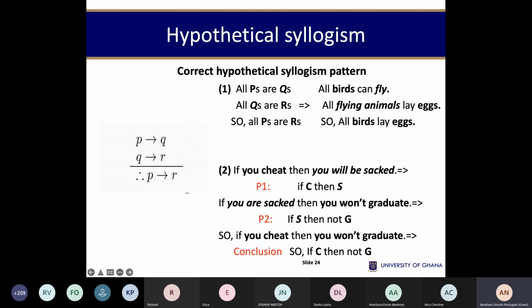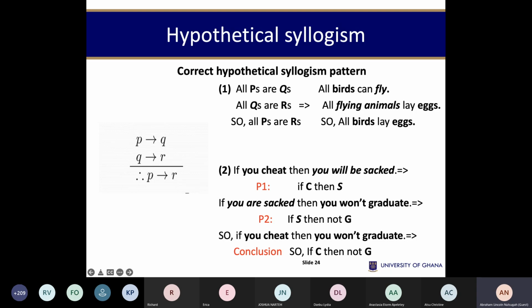So I was saying that I'll put a past question on the page. Then I want you to pay attention. For instance, if you look at the hypothetical syllogism on your screens, we can put a question like: all P's are Q's, all Q's are R's. Then ask you to determine the conclusion, and write the type of syllogism this argument is.